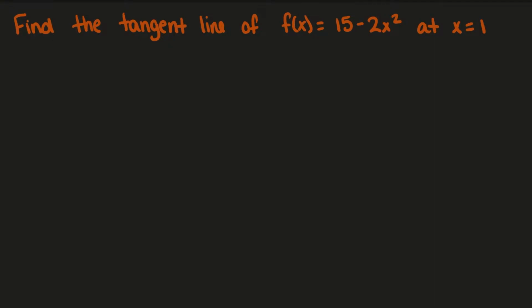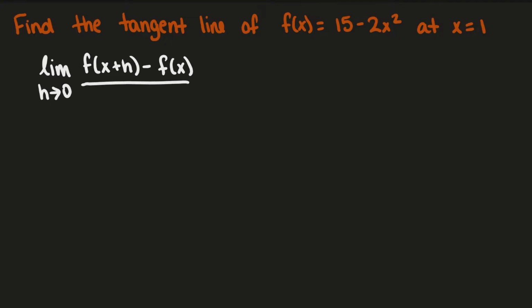If we use the limit, then we can figure out the exact value for the slope of our tangent line. So all we need to do is take the limit as h approaches 0 of our difference quotient. This way we can find our exact value for the slope of the function at any point, not just at that point.